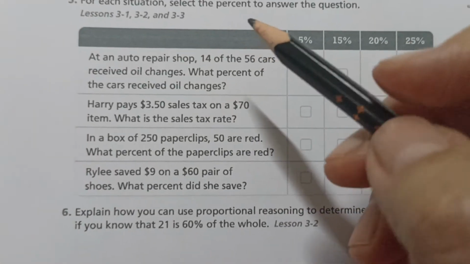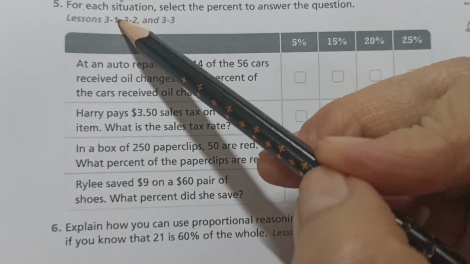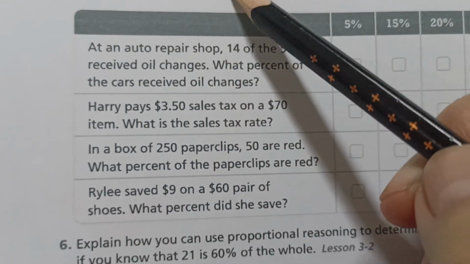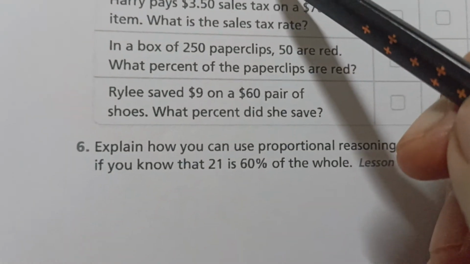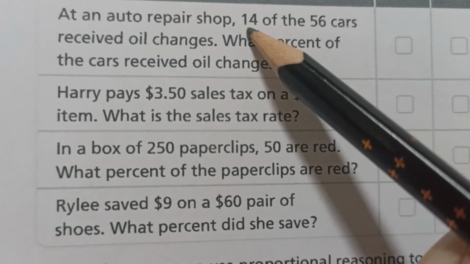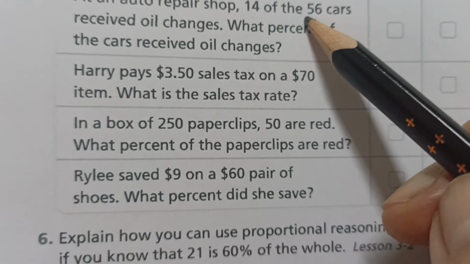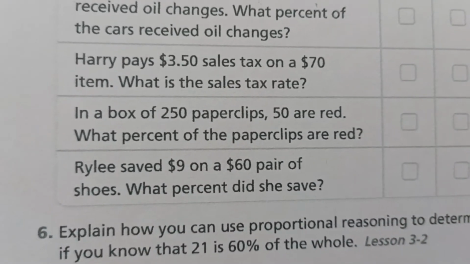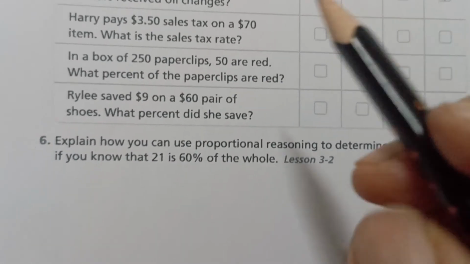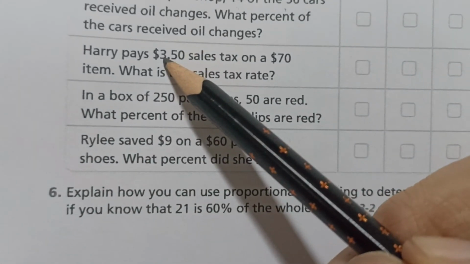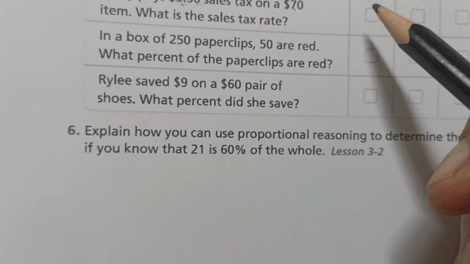Number 5 is easy peasy, because for each situation you need to select the percent. Percent is part of a whole. So here, part of a whole, 14 over 56. Multiply by 100, you will get this answer. You may check me. Here 3.5 over 70, multiply by 100, you will get 5%.